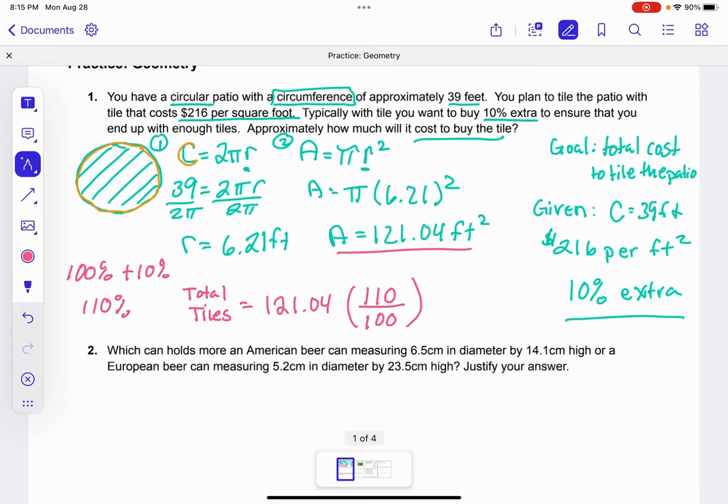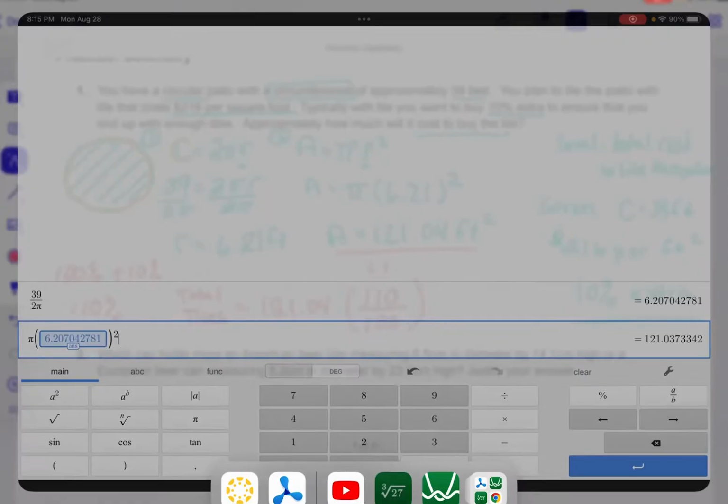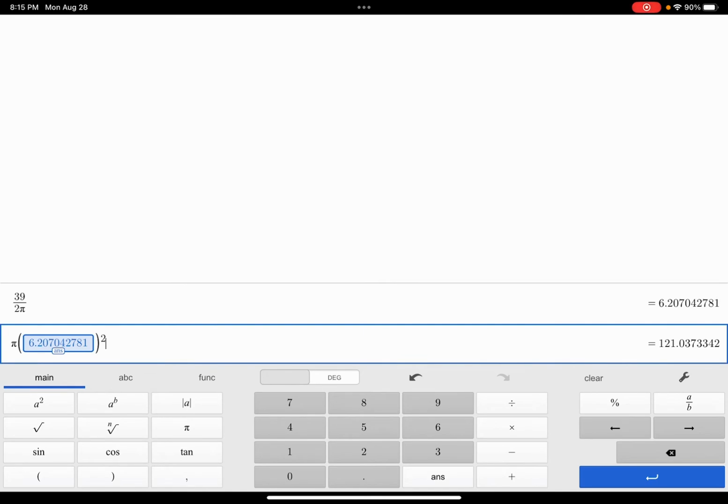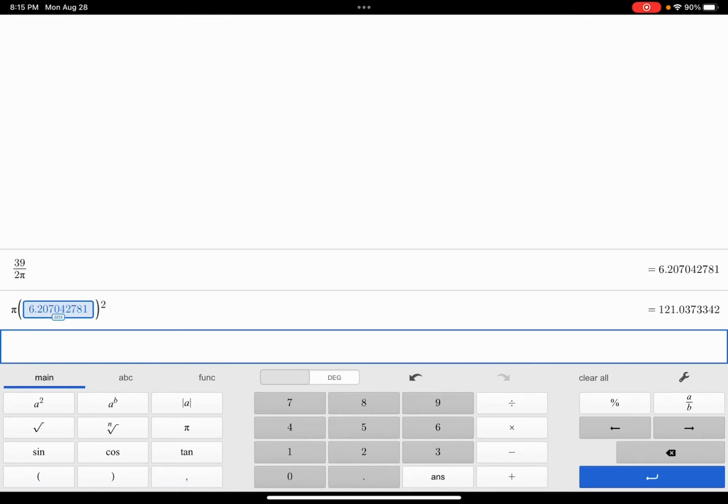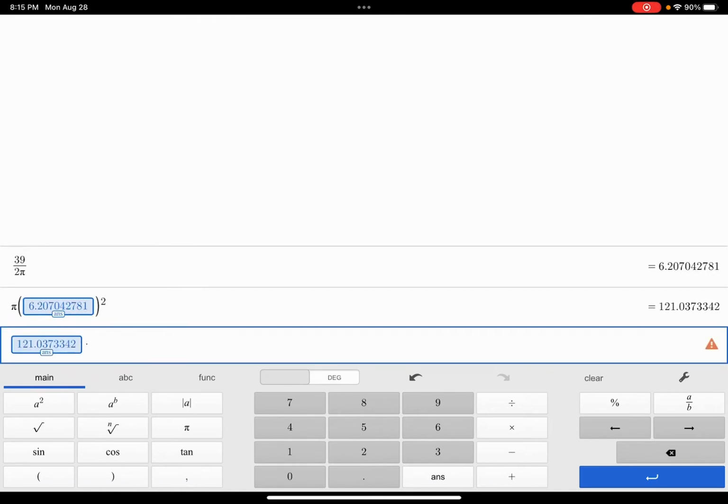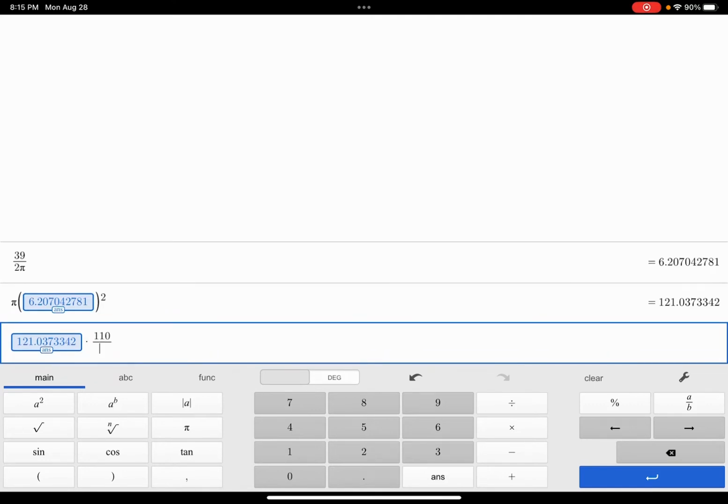And 110 over 100, if you're thinking about it as a decimal, would be 1.1. And I'm going to put that into my calculator. So I'm going to go to my next line. I'm going to pull my answer, and I'm going to times that by 110 divided by 100.